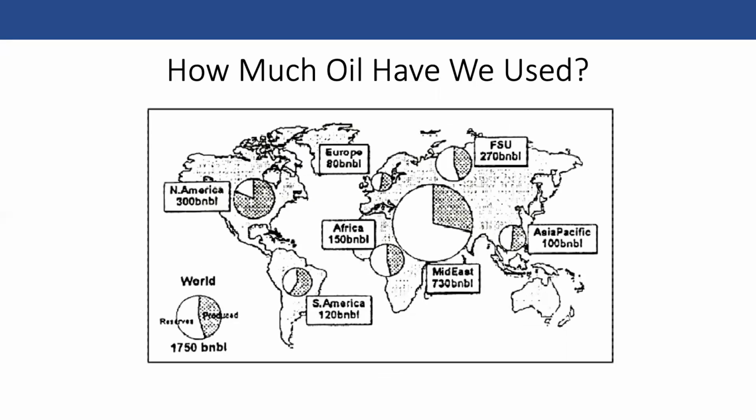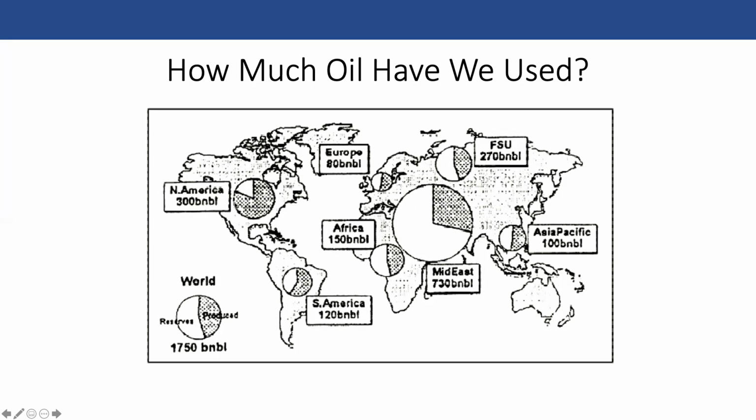This is a little bit older chart, but it's a nice view of the breakdown of one of the estimates by region. So approximately how much oil have we used? You can see the solid portion of the pie is things that have already been produced, and the white part is the reserve.